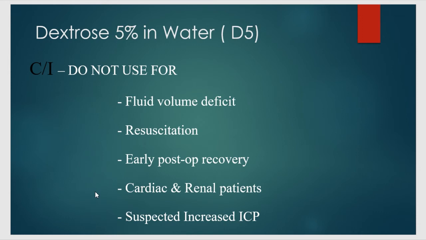And in all the cases of suspected increased intracranial pressure, avoid it. So cardiac and renal disease, increased ICP, resuscitation of the patient, fluid volume deficit replacement, and early post-operative recovery, dextrose 5% or D5 is contraindicated and should not be used.